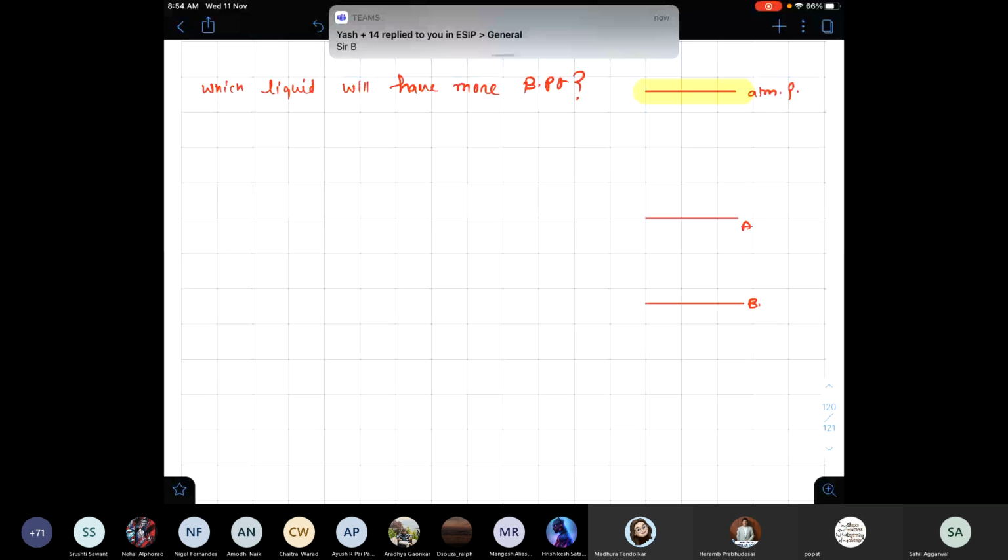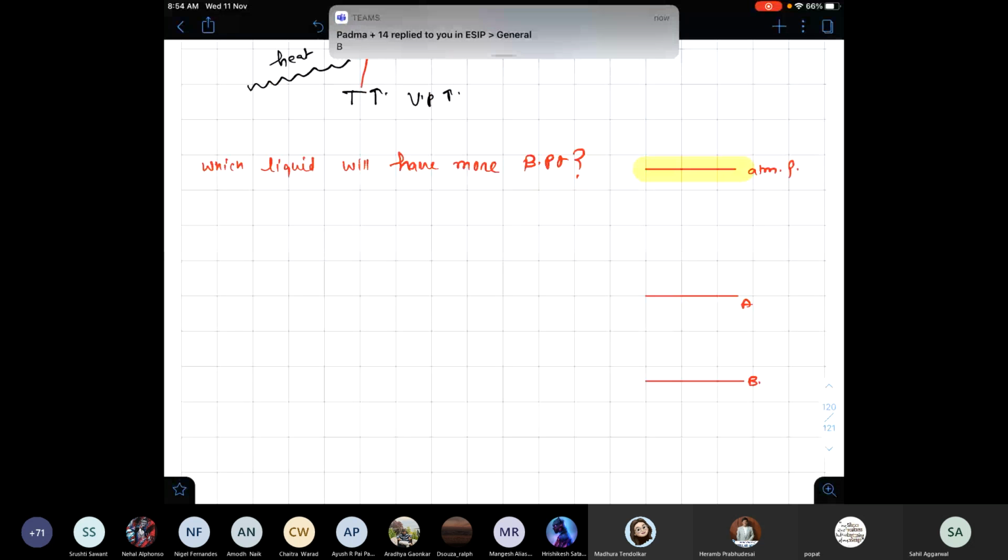Which liquid is to be heated more so that at some temperature it becomes equal to atmospheric pressure?